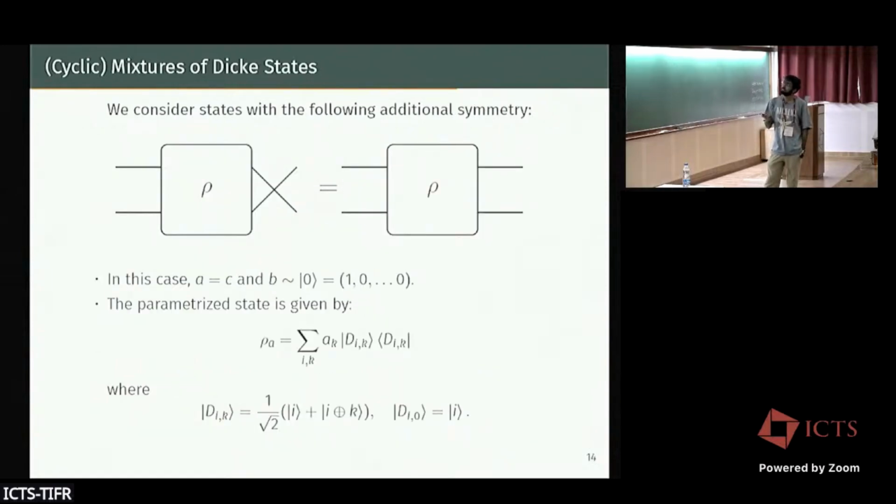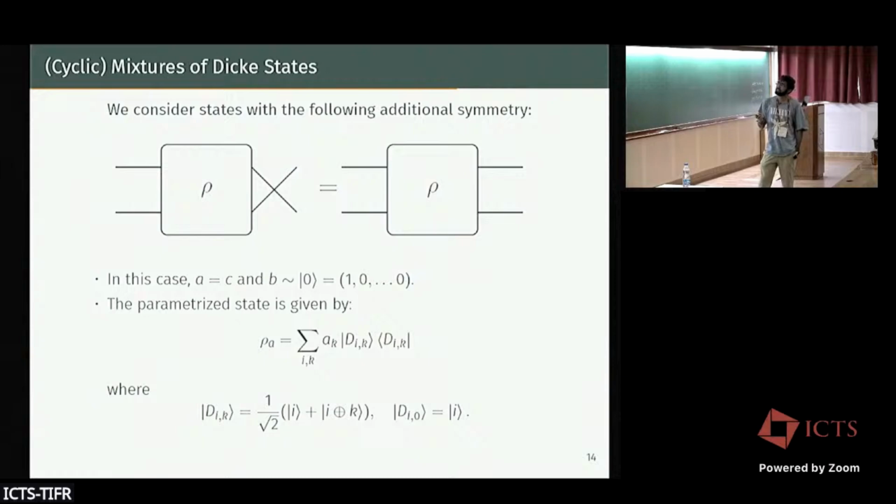Finally, we can also impose an interesting symmetry, where we apply a swap operation on the state rho and it is still equal to the state. In this case, we reduce the number of parameters further. A is equal to C, and B is now proportional to the vector 1, 0, 0.